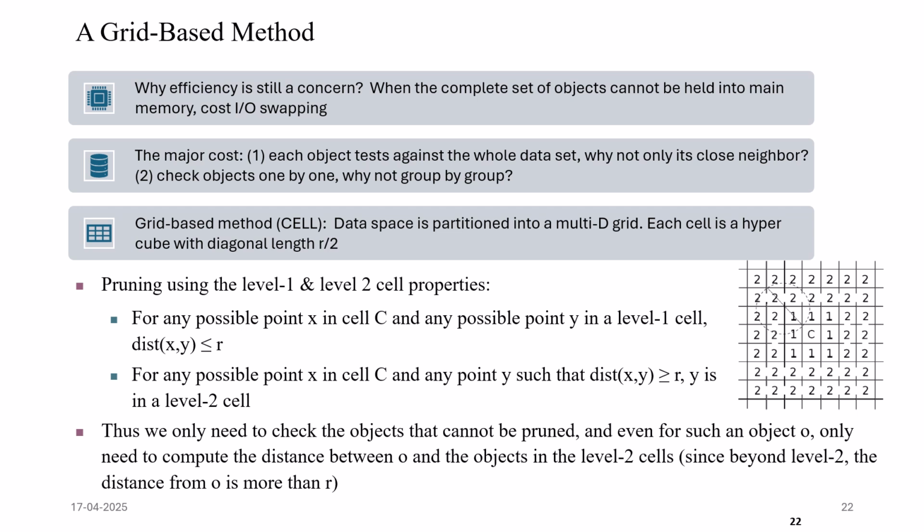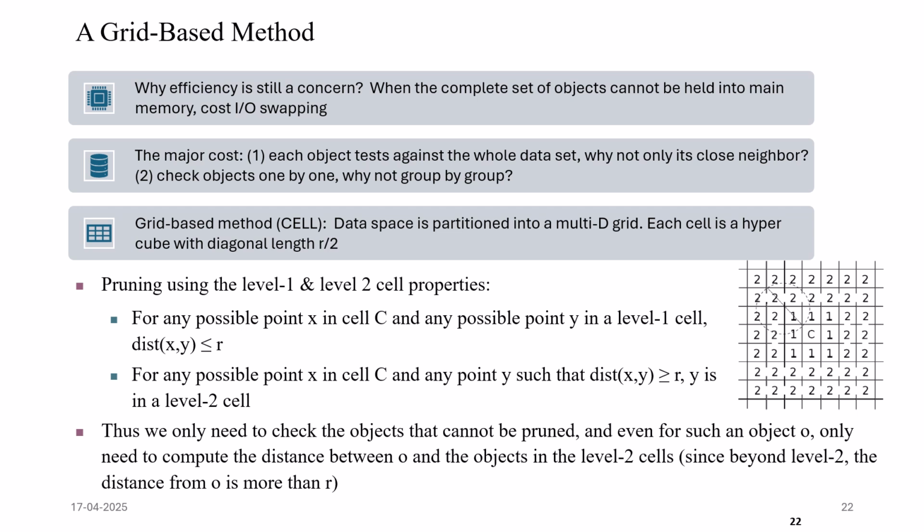Level 1 cell property: given any possible point x in C and any possible point y in a level 1 cell, then the distance of x, y is less than or equal to r. Level 2 cell property: given any possible point x in C and any point y such that the distance of x, y is greater than or equal to r, then y is in a level 2 cell.